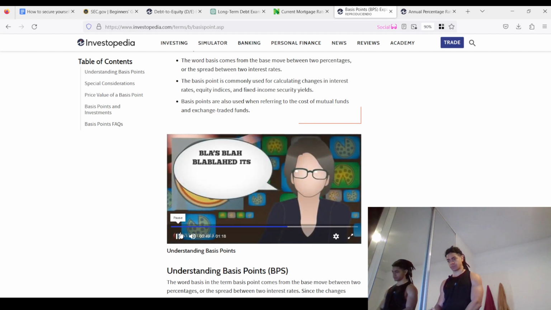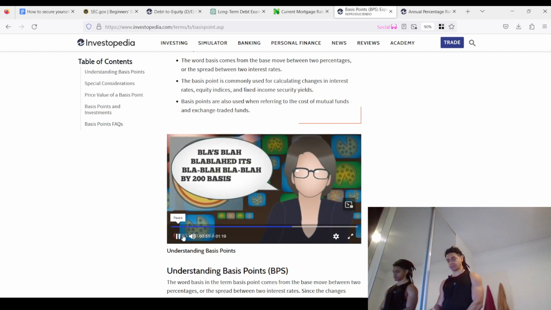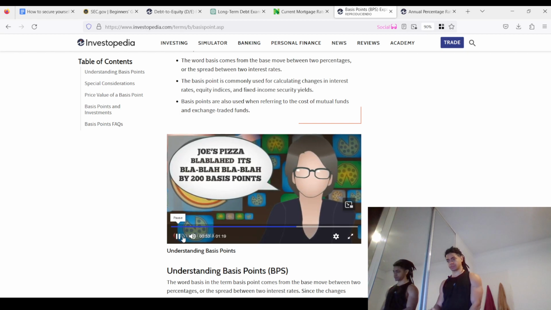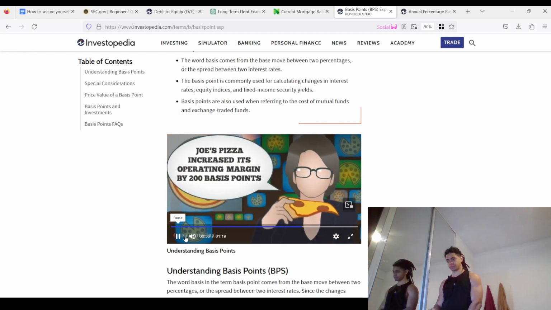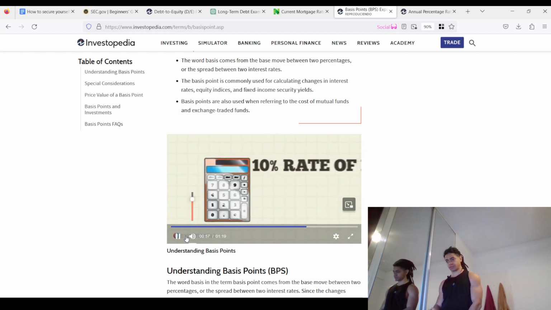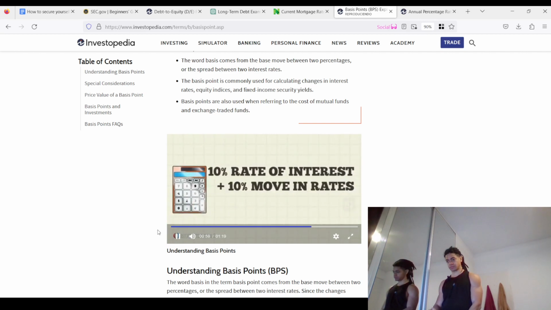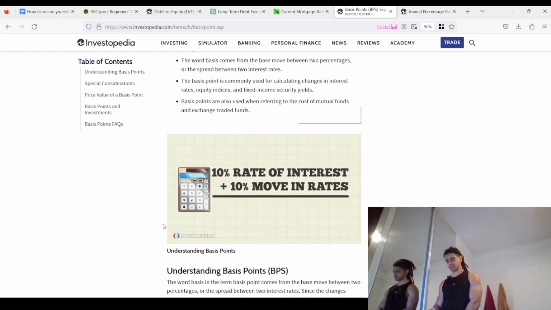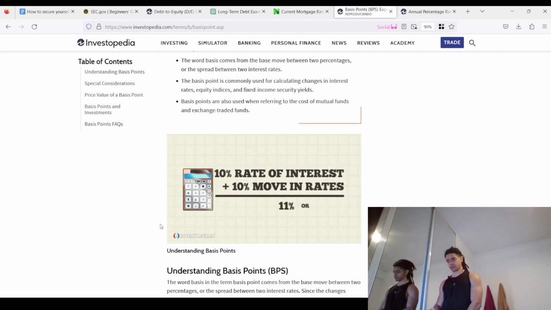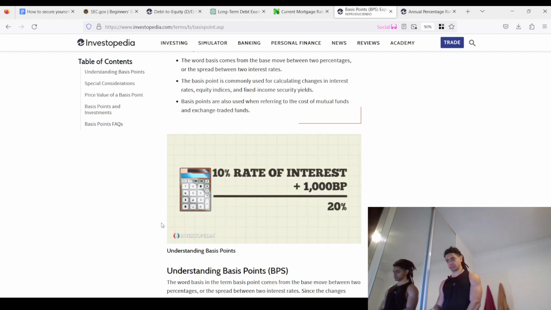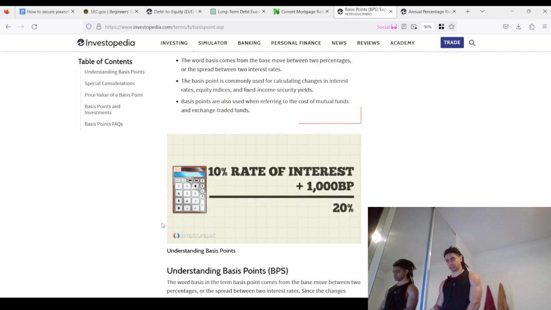By using basis points, traders and analysts remove some of the ambiguity that can arise in talking of percentage moves. If an instrument is priced for a 10% rate of interest, a 10% move in rates could conceivably mean that the rate is now 11% or 20%. Use of basis points in this case, a 100 basis point move or a 1,000 basis point move, would create no such ambiguity.